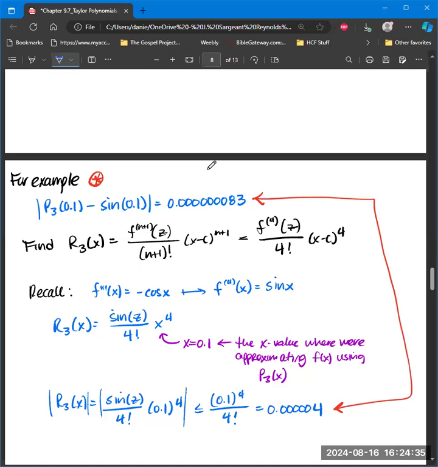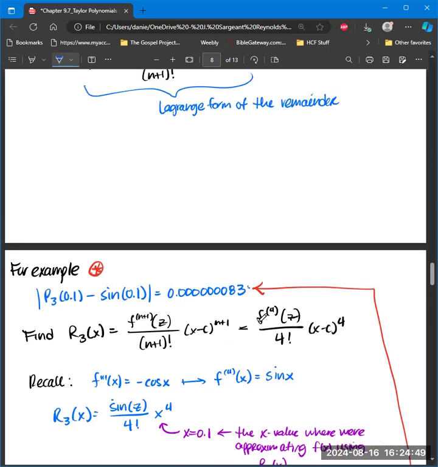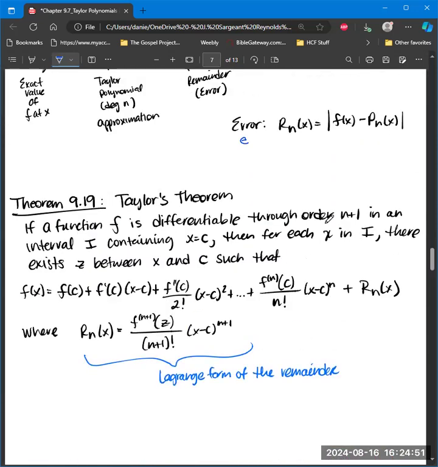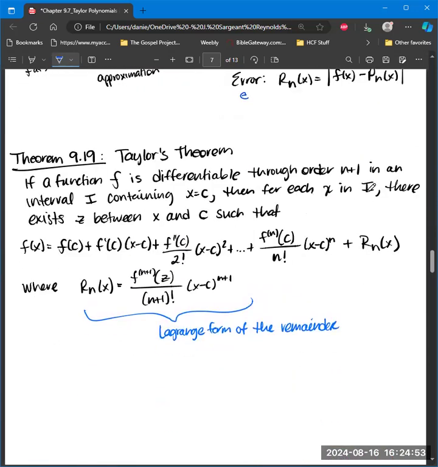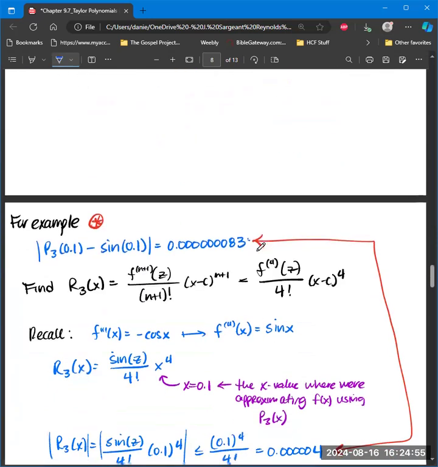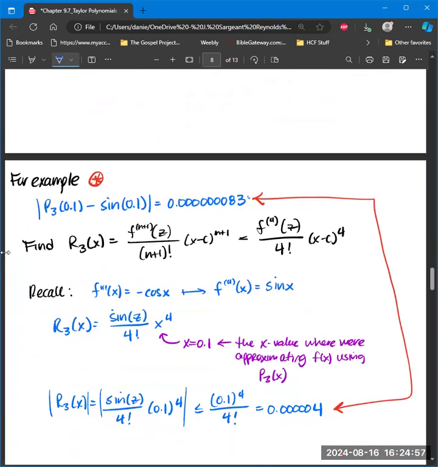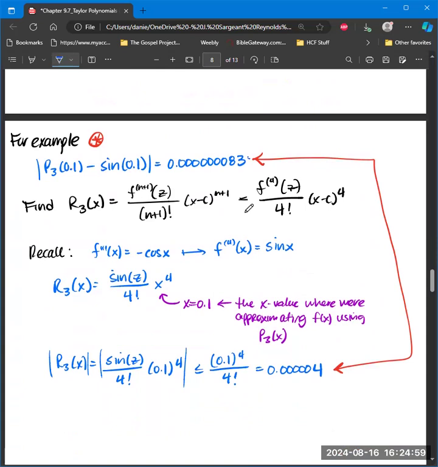So for example, if we have P3 of 0.1 minus sine of 0.1, we already found this here, the old technique where we took f of x minus P3 of x and found the difference between them.